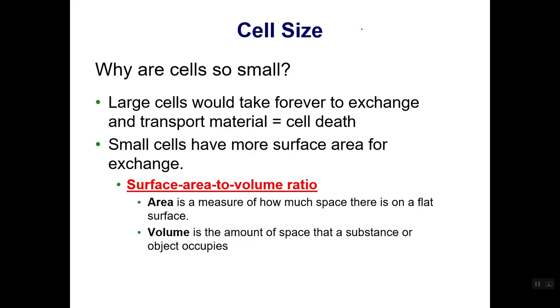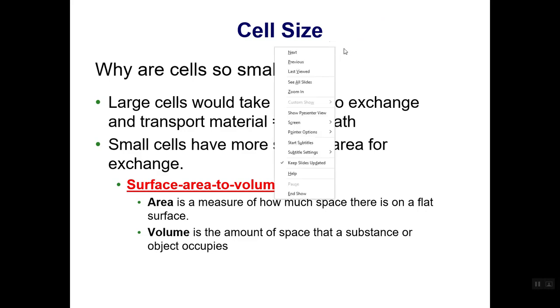Same goes with exchange. Our cells are able to take stuff in from the environment, and they also have to get rid of stuff like waste. For example, carbon dioxide is a waste product in cells, and then we breathe it out. If that took a really long time, the toxicity of it would be overwhelming for the cells, and it would cause cell death. Okay, so I just want to draw a little picture up here.